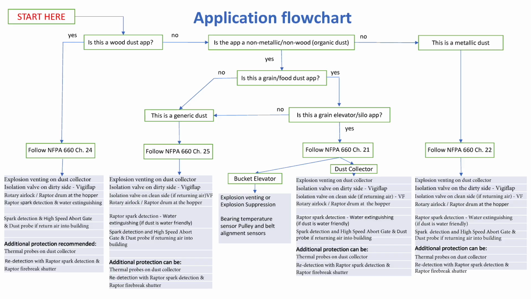With the new NFPA 660, it's combined all the different commodities into different chapters. So depending on the type of dust you have, depends on what chapter you follow. So for example, if it's a wood dust application, you would use NFPA 660, chapter 24, and it points out all the risks, and it points out all the different types of equipment that you would need in association with either fire protection or explosion protection. Next slide, Andy.